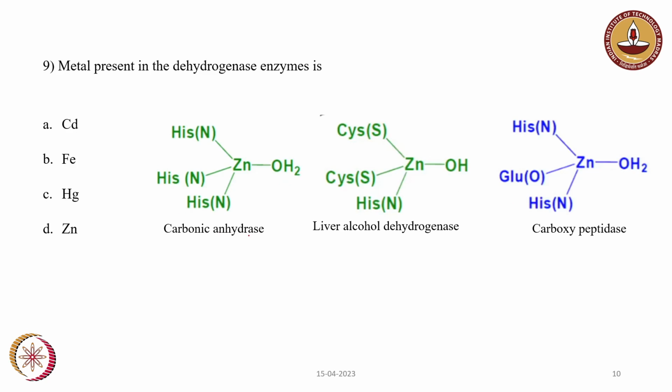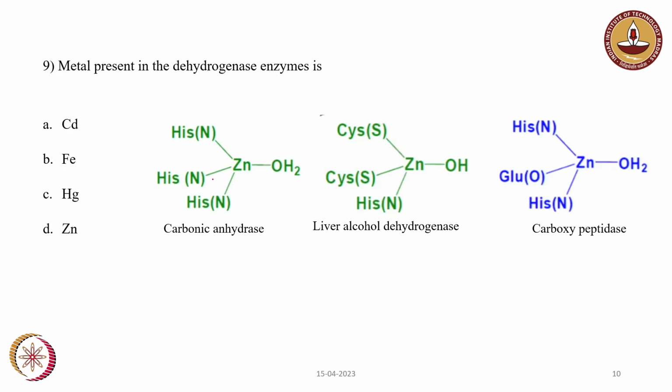First one is carbonic anhydrase, second one is liver alcohol dehydrogenase, and third one is carboxypeptidase. So in the enzymes, zinc will be the central metal and it will be coordinated to different peptide chains.